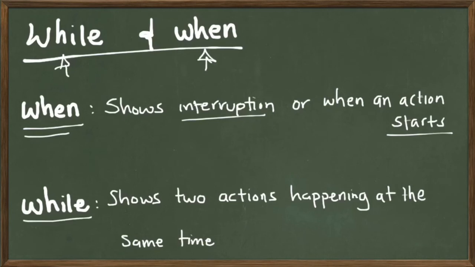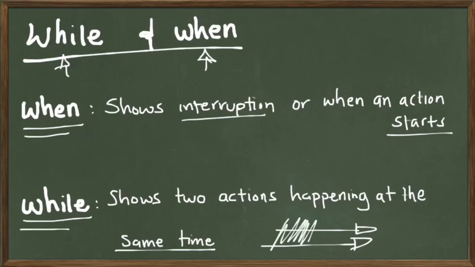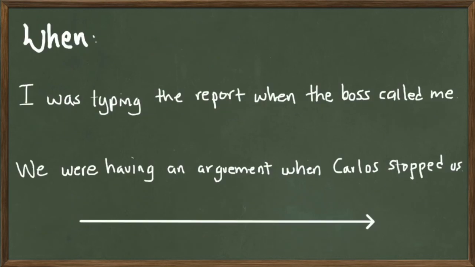Now, while, the expression while, shows 2 actions happening at the same time. 2 parallel actions happening at the same time. It doesn't mean that they will finish at the same time, but we relate to a certain part of the action where both were simultaneously happening.